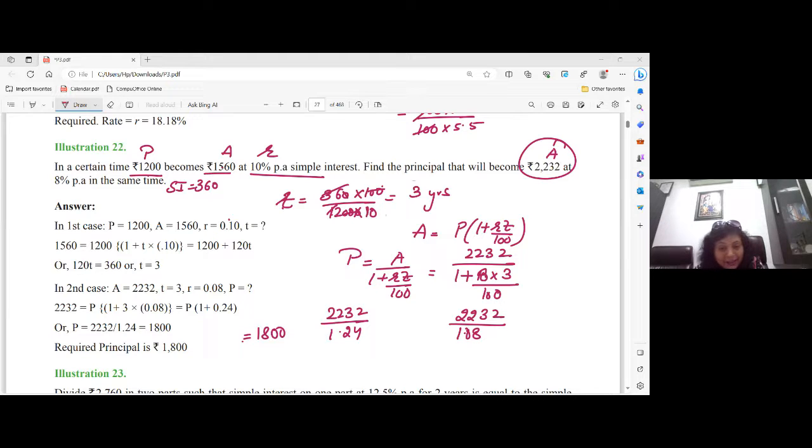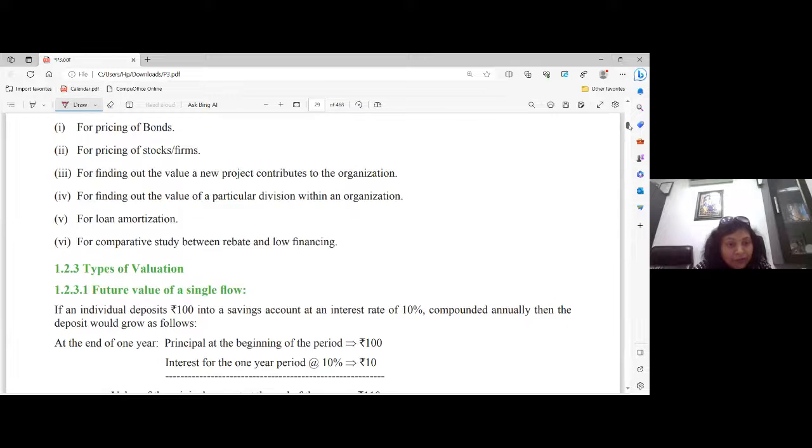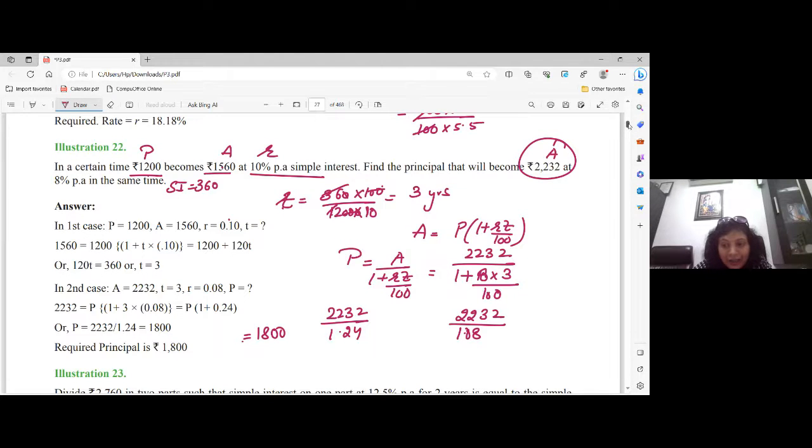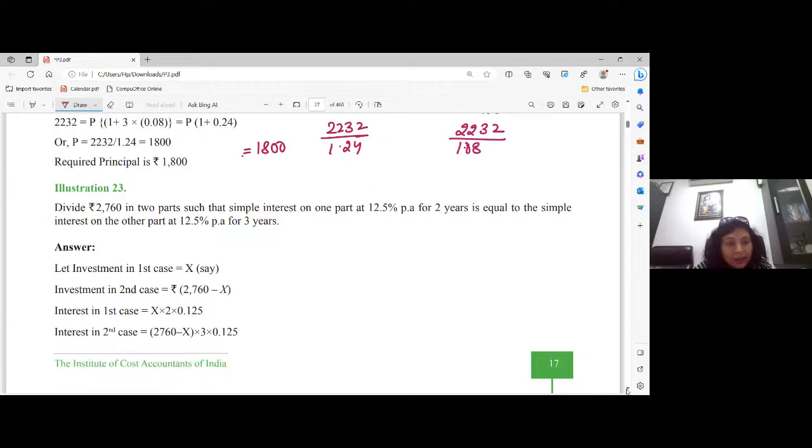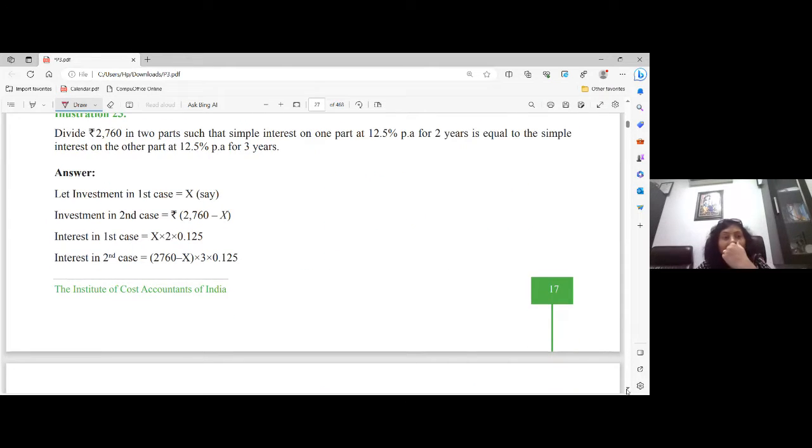So next thing is, after doing this, these are the different varieties of question in case of simple interest. Fine. So this is how we can find out simple interest, principal, rate, and time. Now again, the next question is divide rupees 2,760 in two parts.